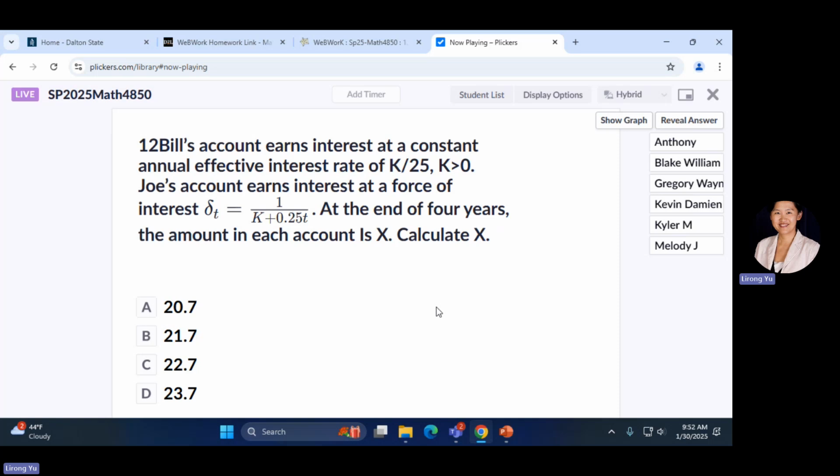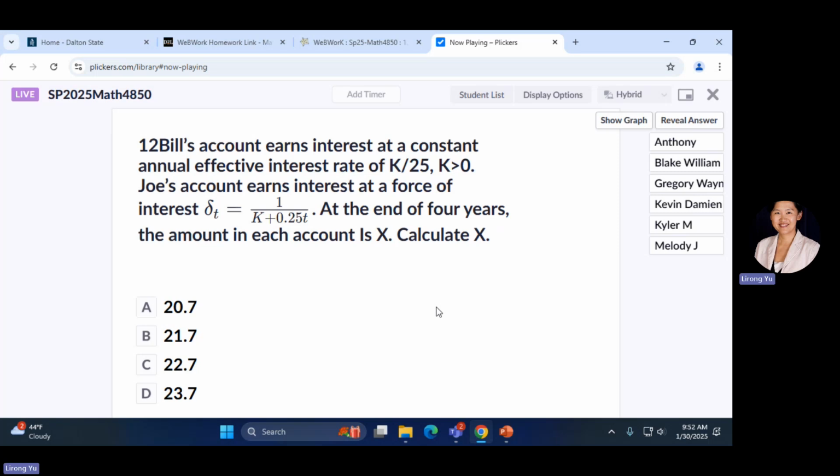So that's the antiderivative. Using that, the definite integral is going to be 4 times the natural log of K plus 0.25 r, plugging in 0 and t.